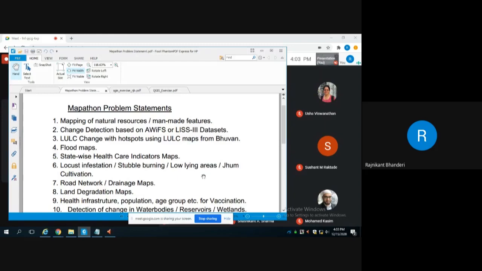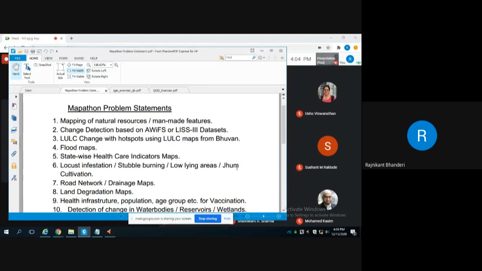Then low-lying areas, particularly those that go under flooding in the monsoon season, where water gets accumulated. For this type of study, you can use a DEM and find out the slope, so that you can find the low-lying area.